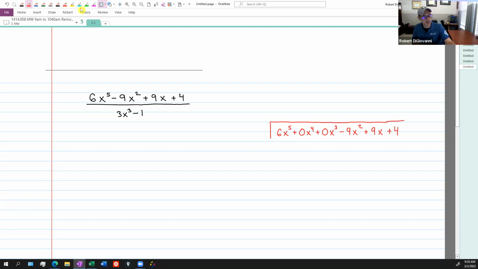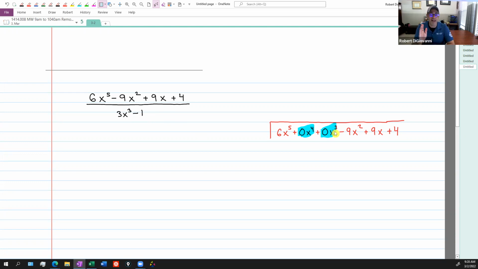I did something different here because in my original numerator, I did not have an x to the 4th or an x cubed in the expression. It was missing. But in the long division, I included them by putting 0x to the 4th plus 0x cubed.